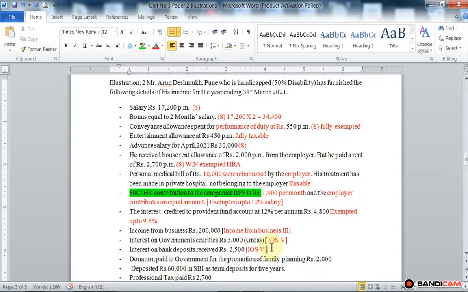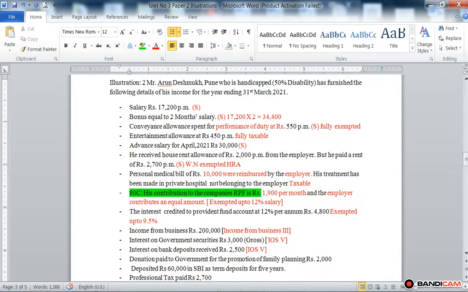First, we consider the interest on bank deposit as income from other sources, and second, interest is allowed for deduction under section 80TA. Sorry, the interest of the employer is not allowed for deduction. So here interest on bank deposit is income from other sources, the fifth head.